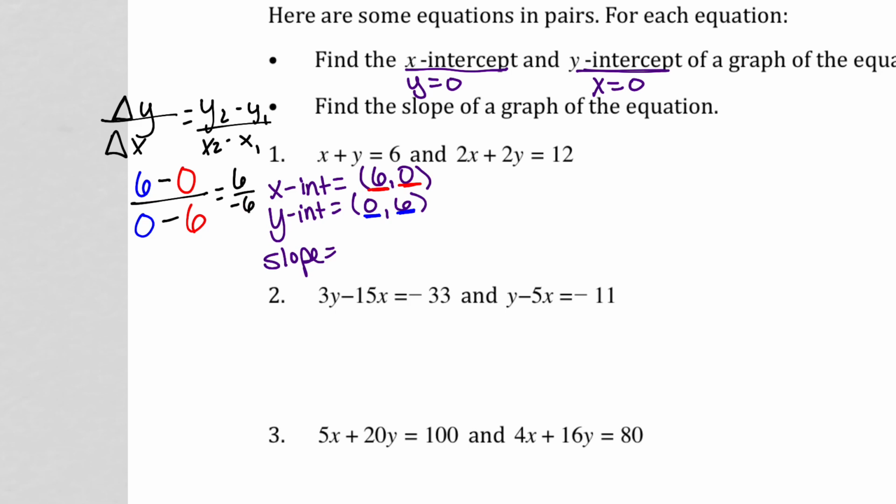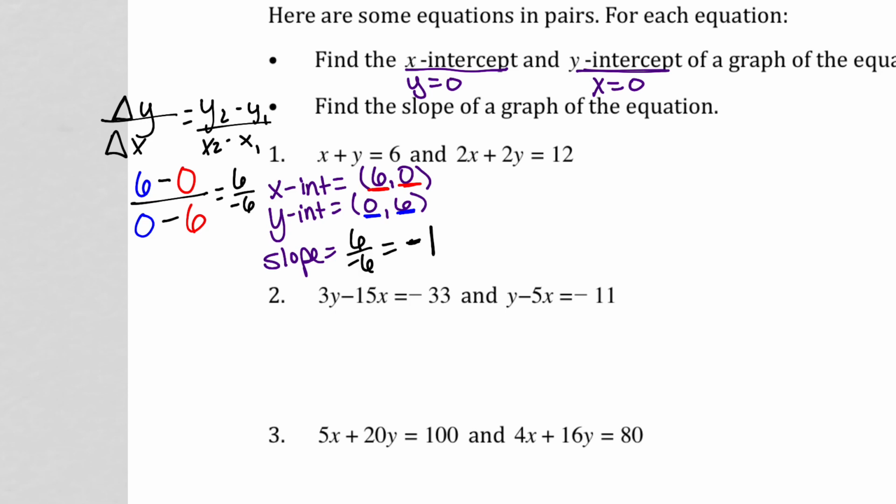What's 6 divided by negative 6? What does that simplify to be? 1. Positive or negative? Negative. Slope's going to be negative 1. So that was one way you could find your slope. We'll do the other way on the other equation.